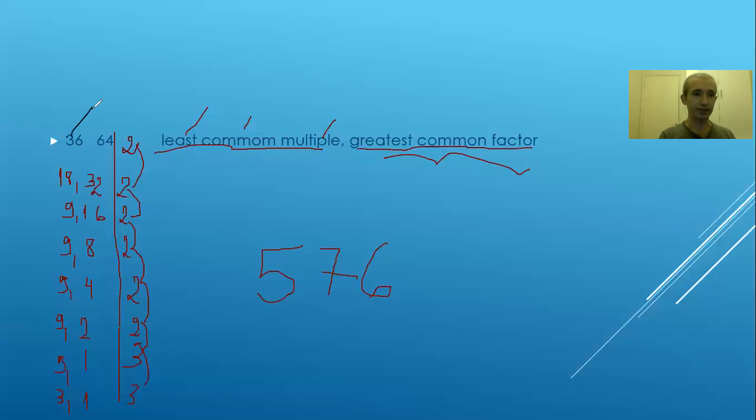For example, here we divided by 2, and we get 18 and 32. Here we divided by 2 again, and we get 9 and 16.